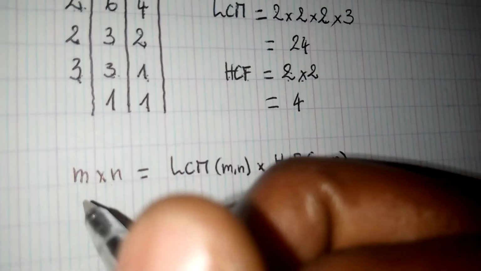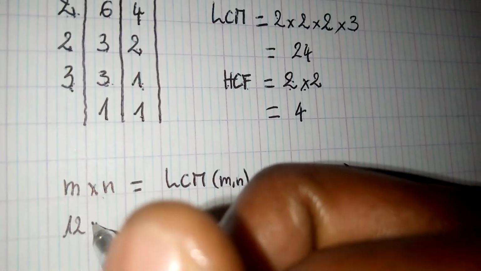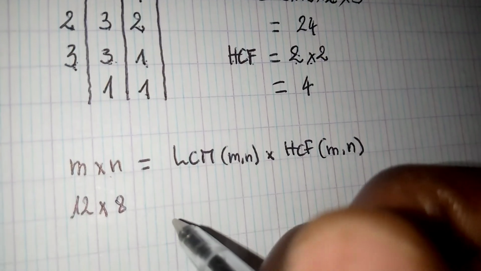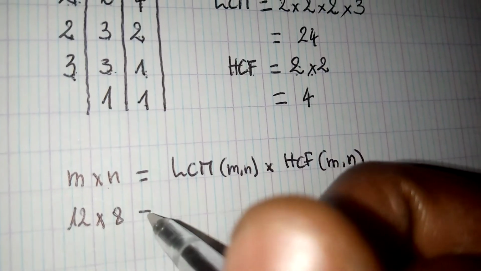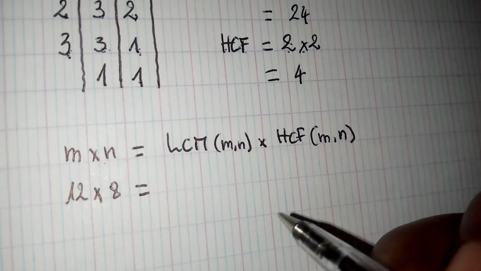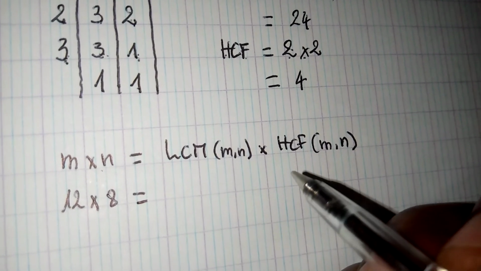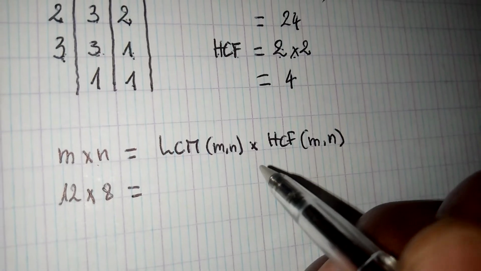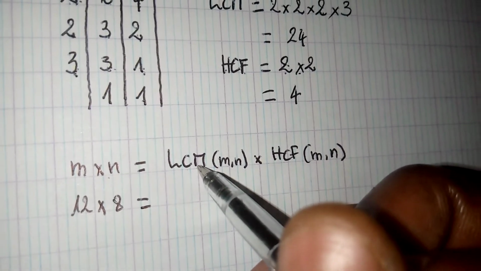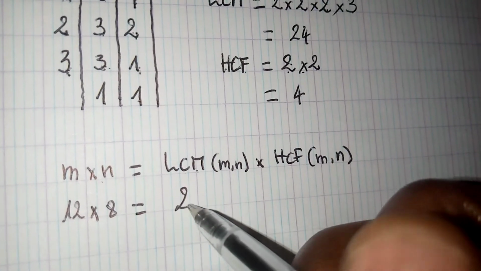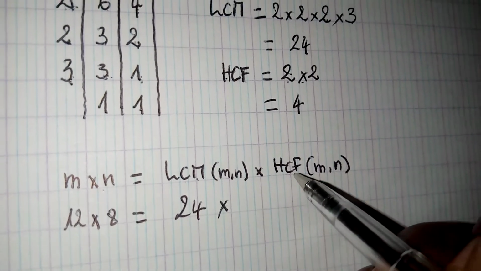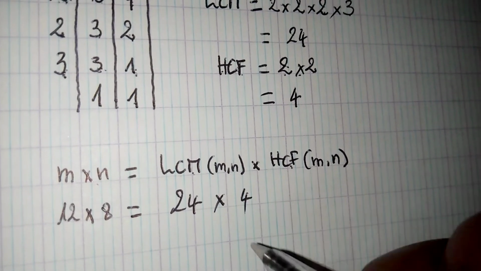So we'll have 12 times 8, which must be equal to the LCM, which is 24, times the HCF, which is 4.